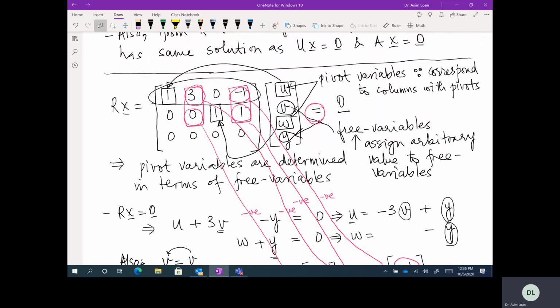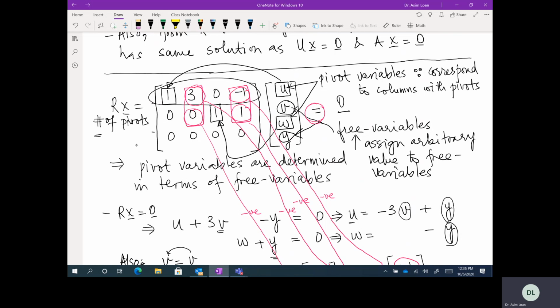The number of pivots equals the number of non-zero rows, and this, by the way, is called, maybe I say, the number of pivots equals the number of independent columns.